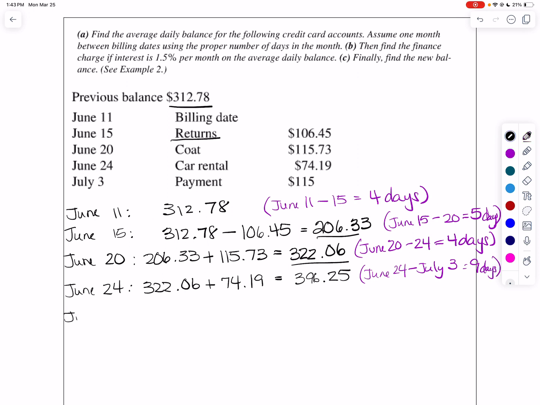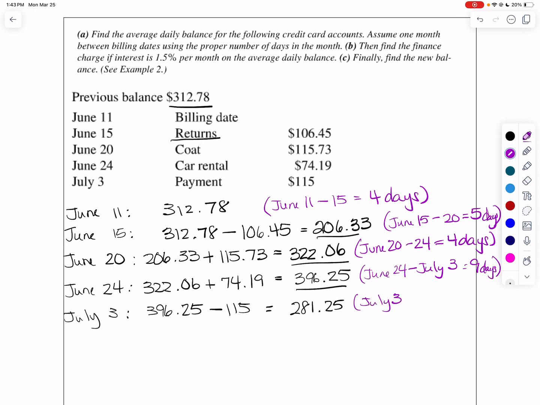Then on July 3rd, we have this amount, $396.25, and we make a payment of $115. So $281.25. And that's from July 3rd.